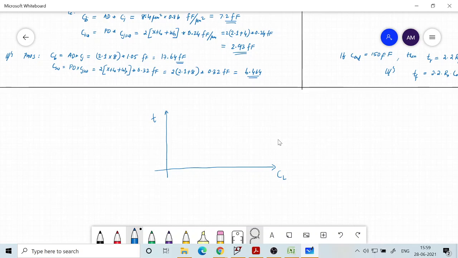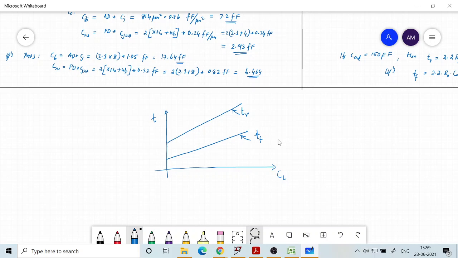If you do this study, you will get a graph like this. So this is basically T fall. Similarly, you can do T rise. Okay, so this you can study.